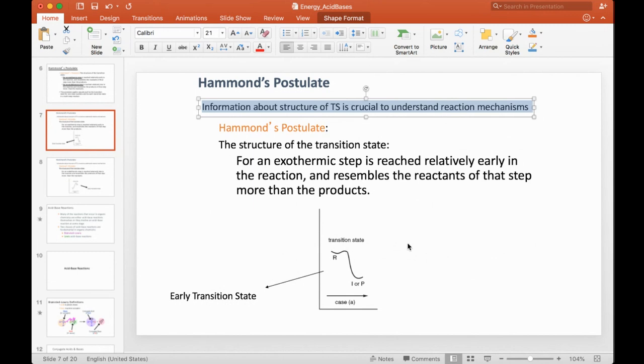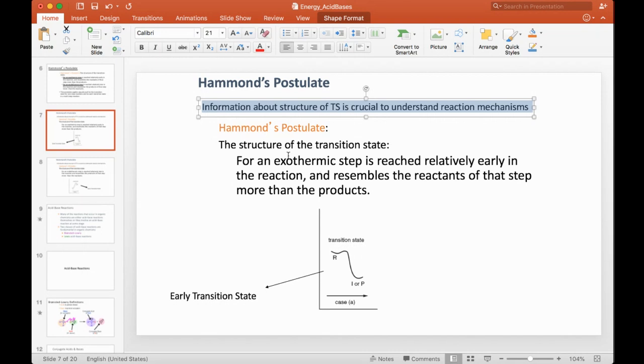So as you can see, I'm going to rephrase now the Hammond postulate in a way that is a lot easier for you to understand. The energy of the transition state is closer to the energy of the reactant, and much farther from the energy of the product. Because the energy of the reactant and the energy of the transition state are so close, that tells you that the structure of the transition state resembles the structure of the reactants.